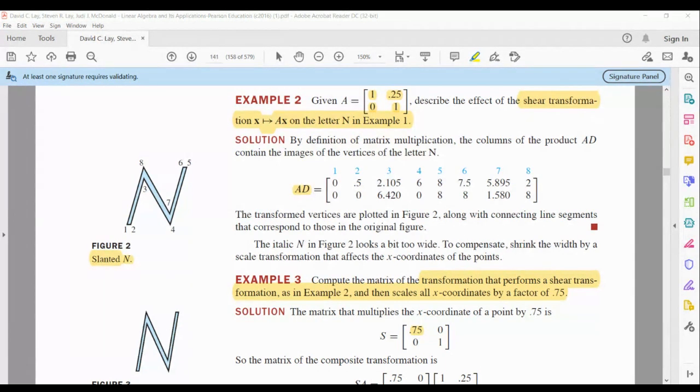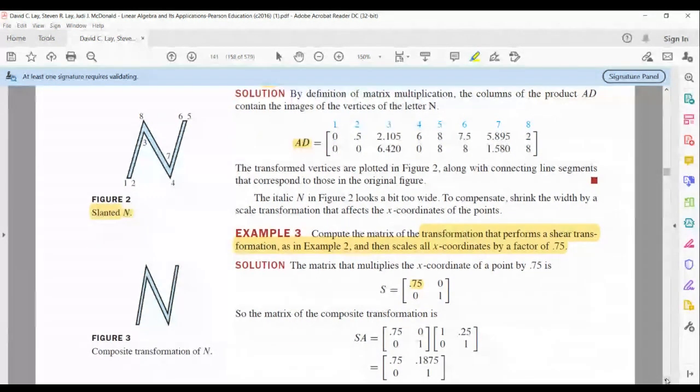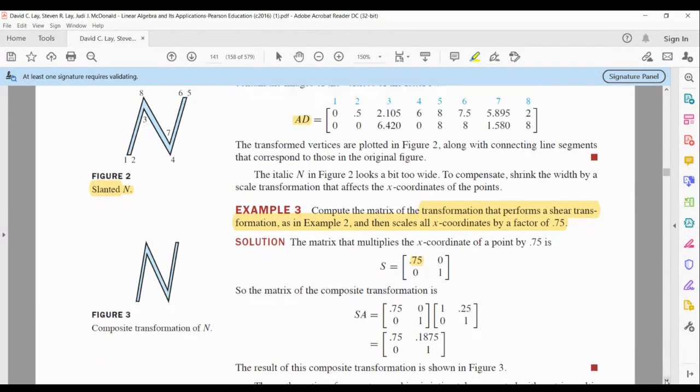So the effect is, if you want to perform a shear transformation on the letter N and follow it by a 25% shrinking with regard to the x coordinates, you would first multiply that matrix D in example 2 by the shear transformation, because order is important, and then you would multiply that product matrix by the scaling.